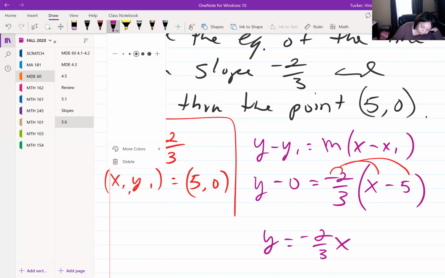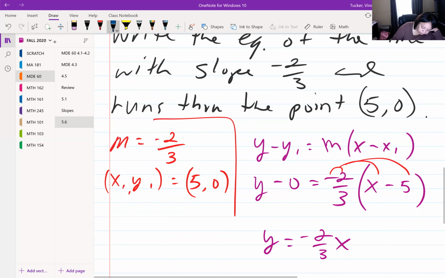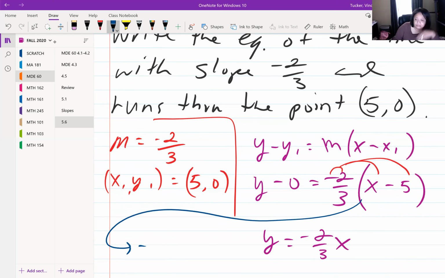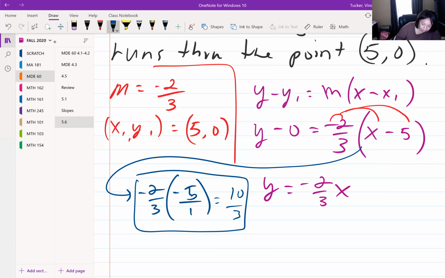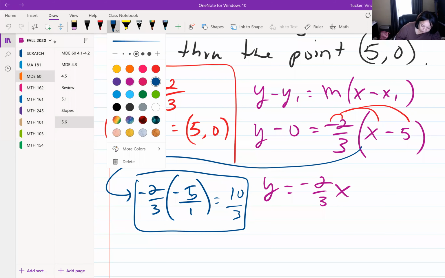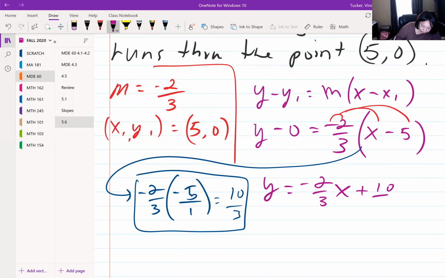Just to make sure we're okay with the process: -2/3 times -5 is the same thing as -5/1, and all you would do is multiply across. -2 times -5 is a +10, and 3 times 1 is 3. So that'd be a +10/3.